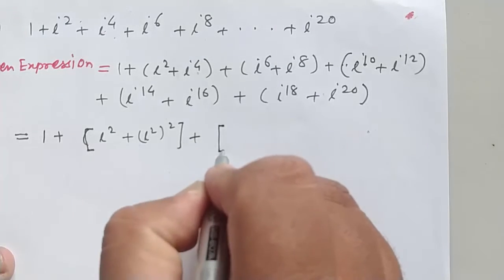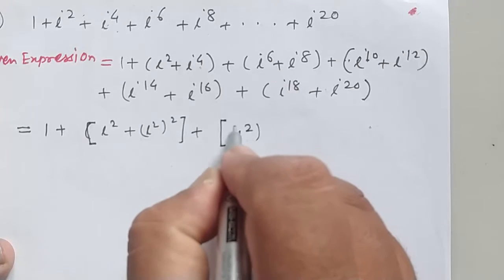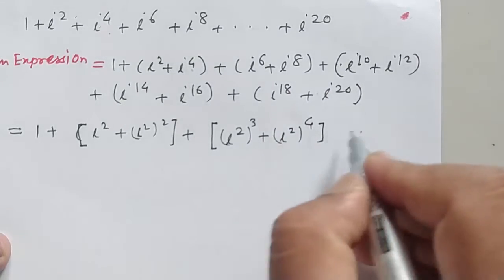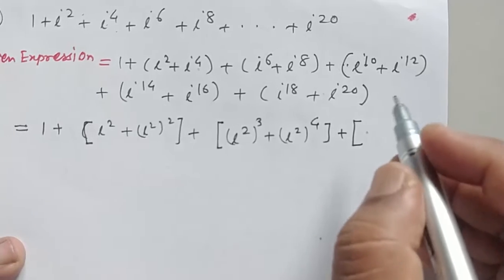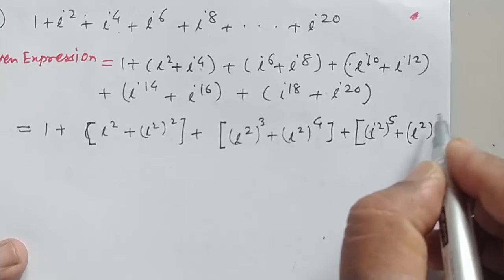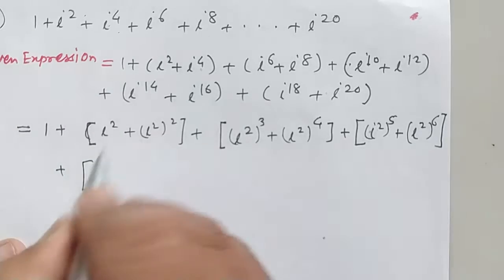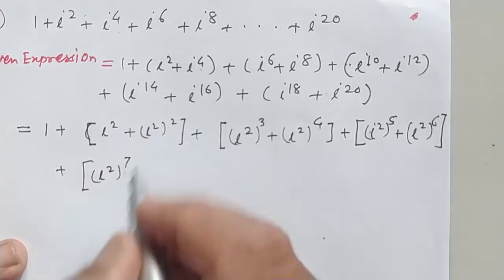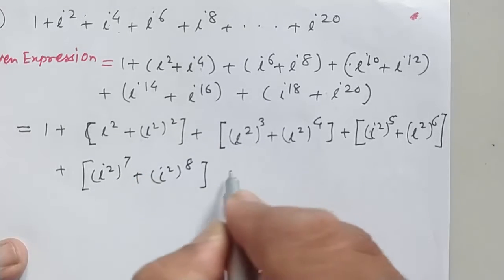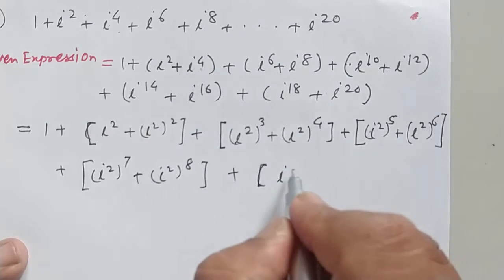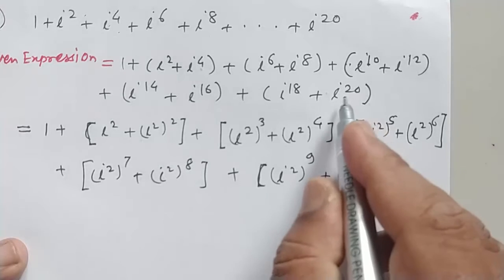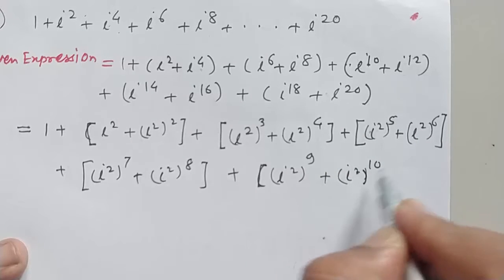Similarly, here also is i raised to 6, so i square raised to 3 plus i square raised to 4, that is i raised to 8, and so on, plus i square raised to 5 plus i square raised to 6 plus i square raised to 7, that is i raised to 14, plus i raised to 16, that is i square raised to 8, and finally i square raised to 9, that is 18, 18 means 2 into 9, plus i raised to 20, so it is i square raised to 10.